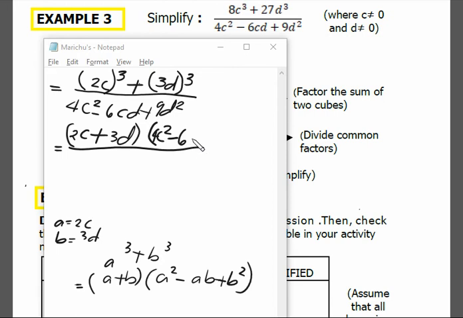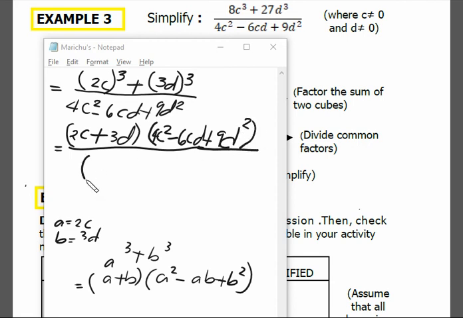So can you see now the pattern, or do you have some terms that we can already factor out? Anyway, let's continue, and then here we have B squared. Our B is 3D, we square this, plus 9D squared.